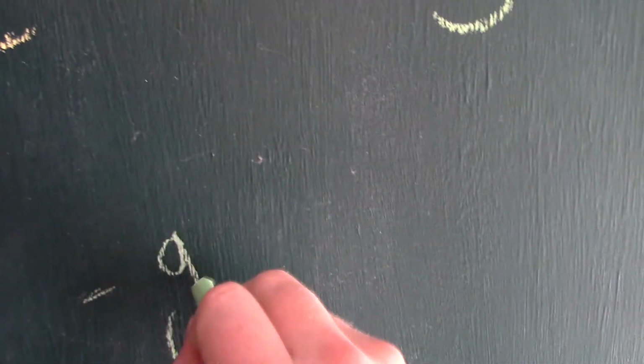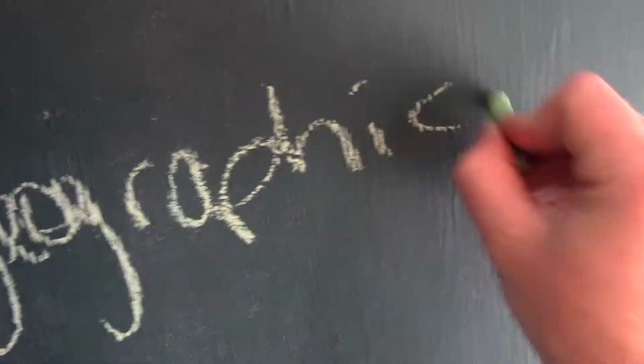So when we look at our geographical and magnetic north, they are not the same on Earth.